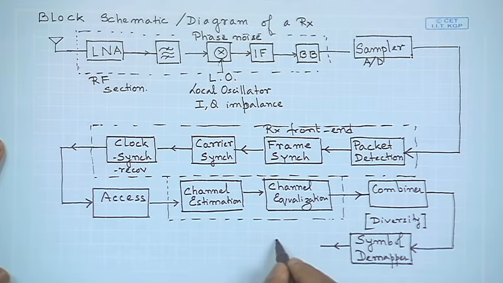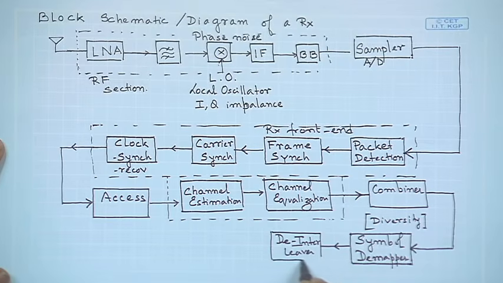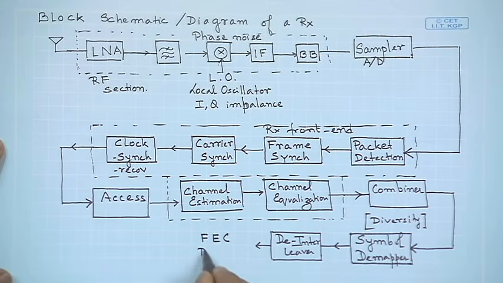Followed by the symbol demapper, we will now have the opposite sequence: interleaver, de-interleaver. We had an interleaver at the transmitter, now we have a de-interleaver. Once you are through with the de-interleaver, you will have the FEC, that is the forward error correction code decoder. This is decoding the forward error correction code.